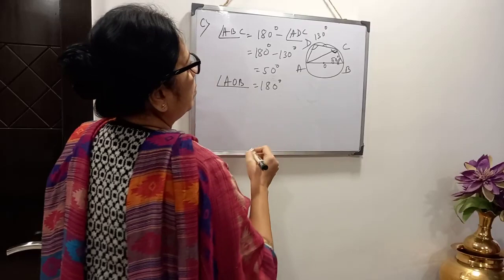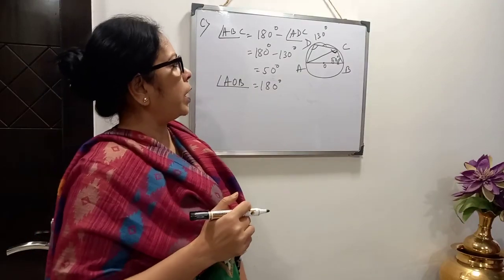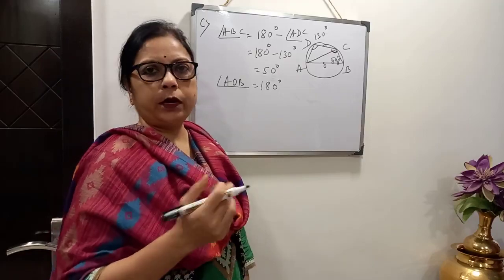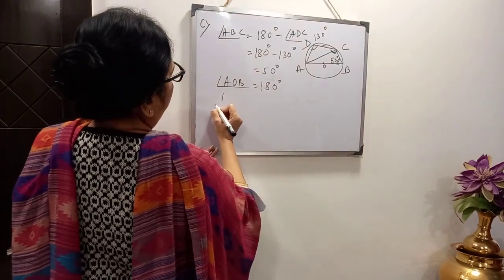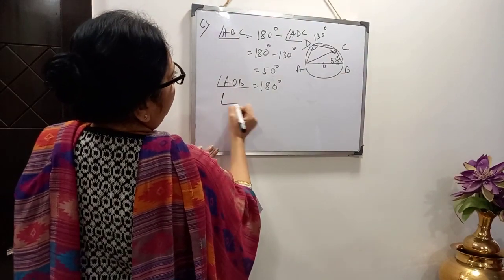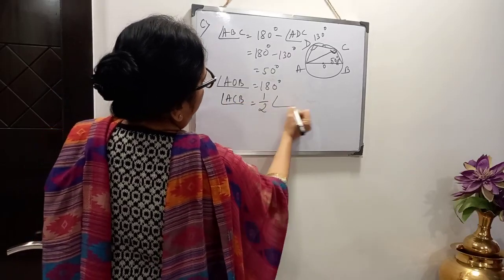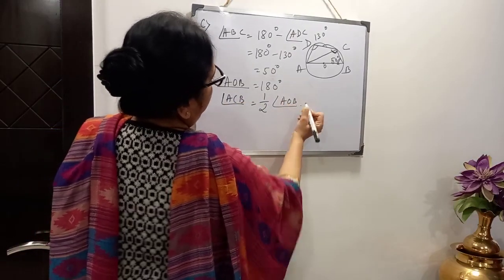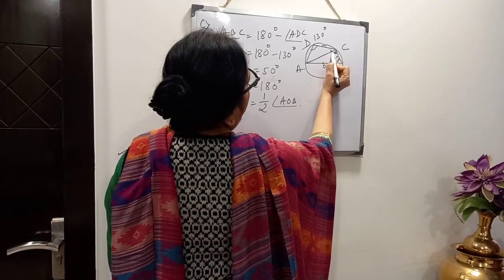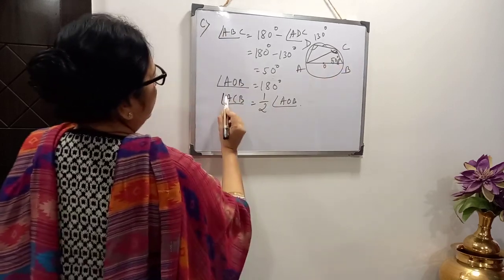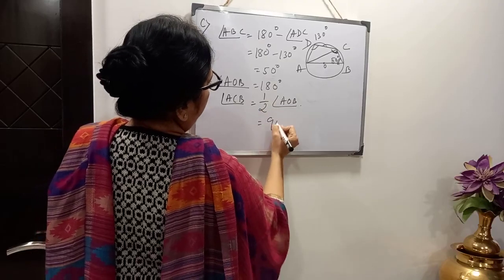So by that property we can write angle AOB is twice of angle ACB. First we will calculate ACB: it is half of angle AOB. So angle ACB will be half of AOB, that is 90 degree.